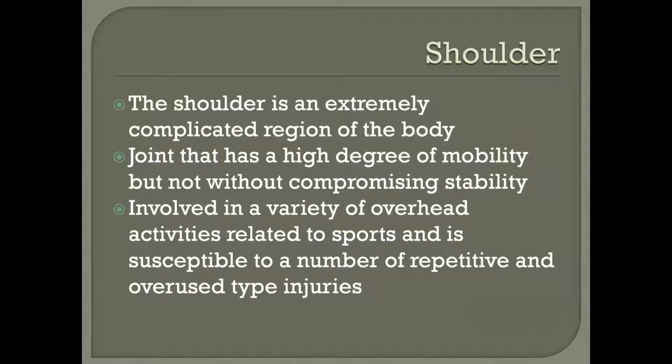Okay, so first we'll start off with the shoulder. It's a very complicated region of the body in that it is one of the ball and socket joints. Similar to the hip, whereas the hip has a more concave socket and bigger muscles around it, the shoulder, I often liken it to a golf tee and a golf ball.